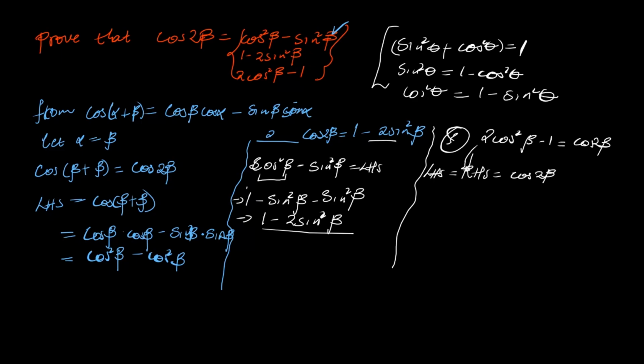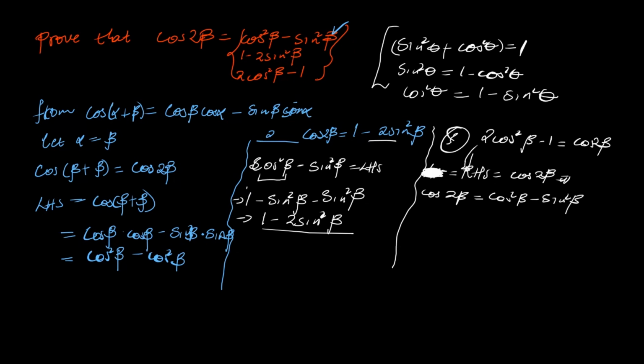This is the right hand side. We managed to show that cos 2 beta is the same as cos squared beta minus sine squared beta.